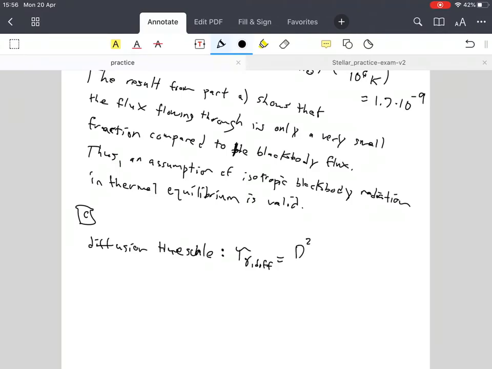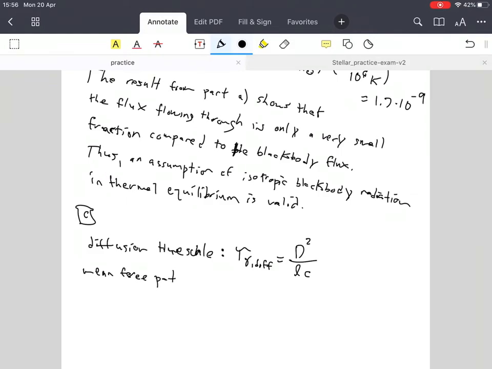So this is the diffusion timescale, with some distance that you're considering squared over L c. Now, what is L? L is the mean free path. So we know the distance, but we do not know the mean free path.